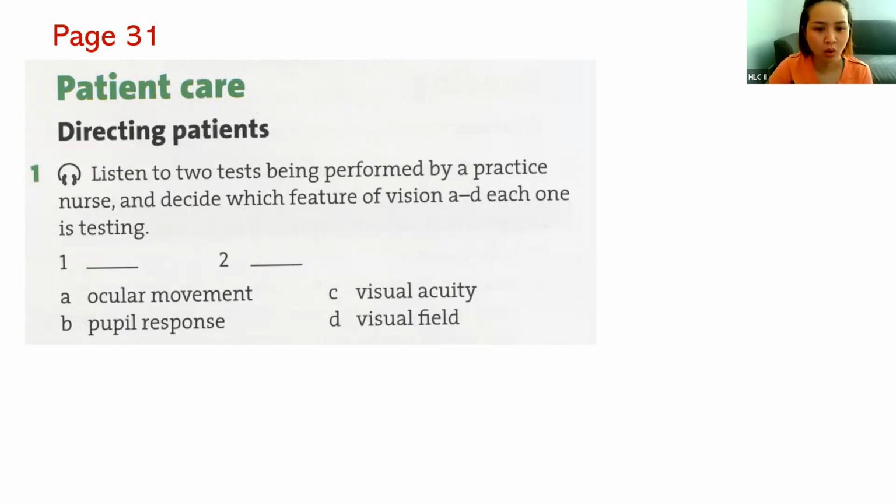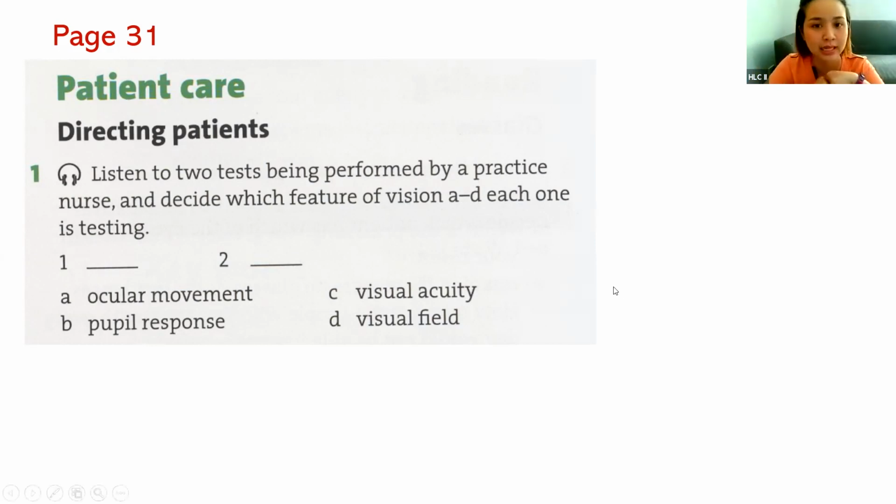So in the first dialogue, what a practice nurse is testing is, they ask the patient to read what they can see, just like when you are short-sighted and you need to buy some glasses, you need to go through this kind of test.